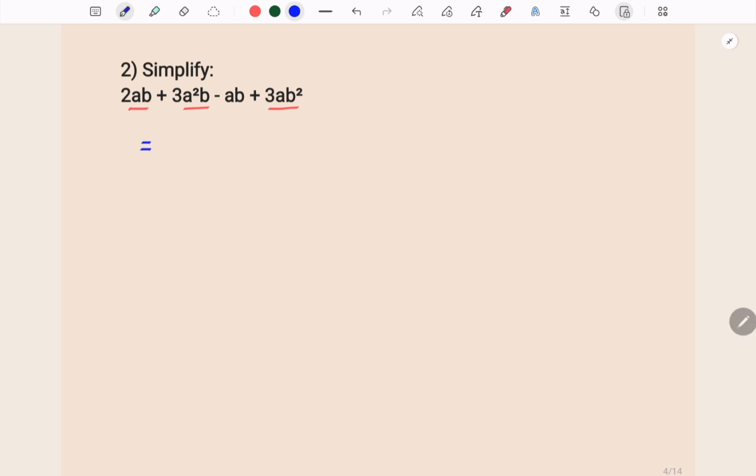Okay, so I can rewrite the like terms. There is only one like term here, that is 2ab and minus ab. So 2ab minus ab plus 3a squared b plus 3ab squared. 2ab minus ab gives ab.